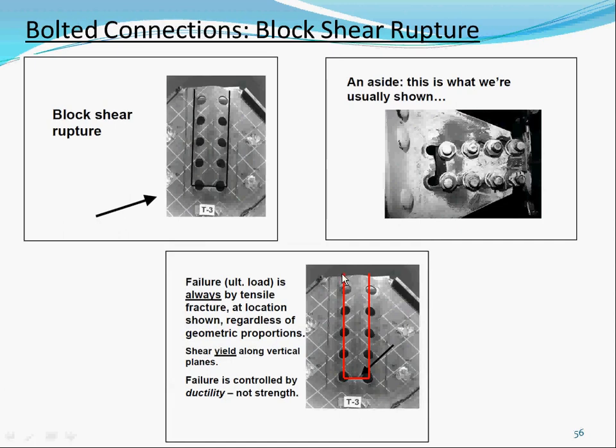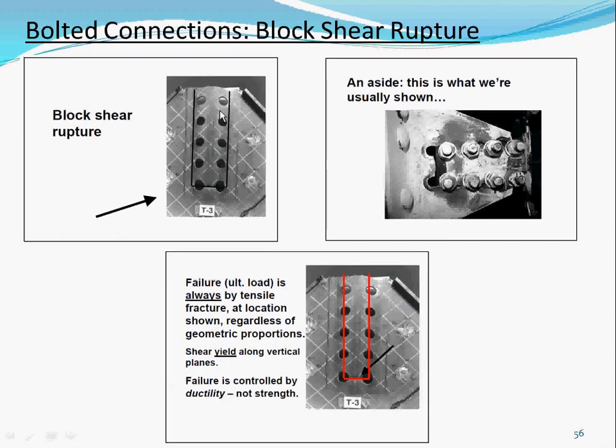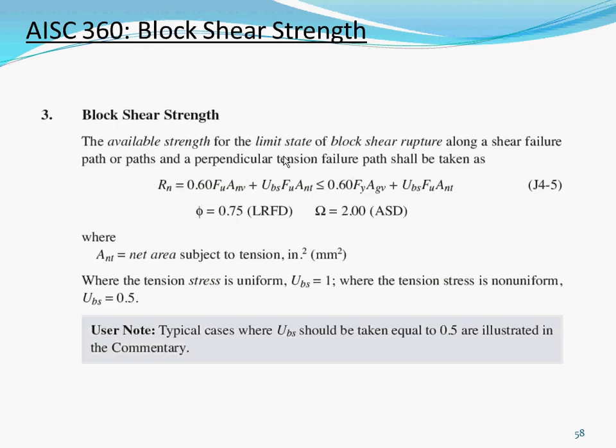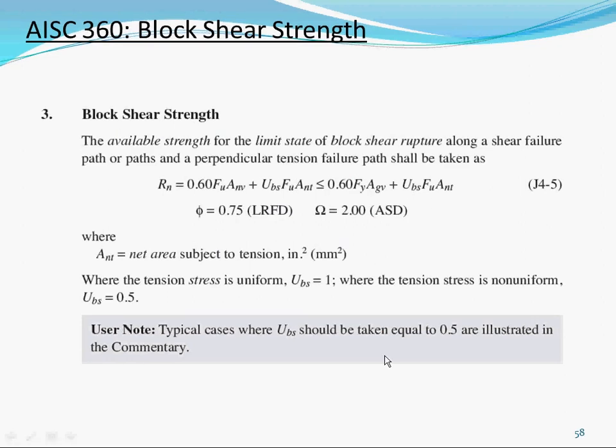Now you have to check whether it's along the bolt line or along the edge. When you're checking shear, you have to check both: FU, A net, FY, A gross. You see this term is the same for tension. So that's the block shear strength per AISC 360.